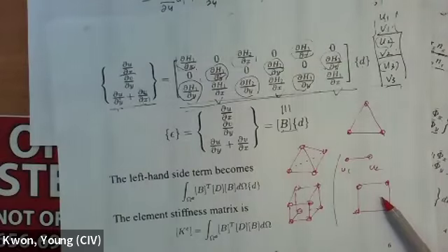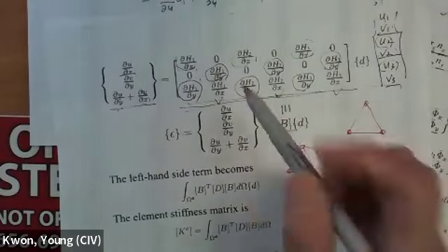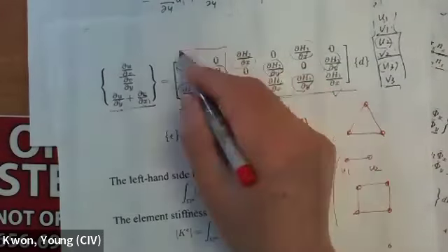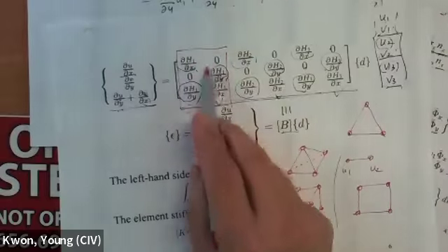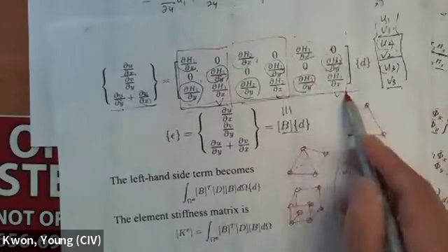If I use this other element, you are going to add 2 more columns. If you look at that, this one is for H1, this is for H2, this is for H3.